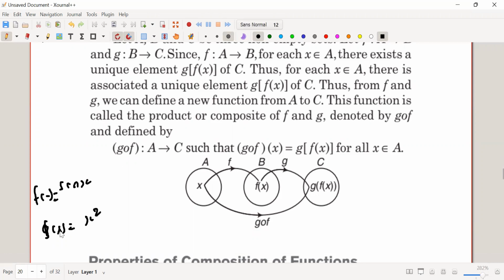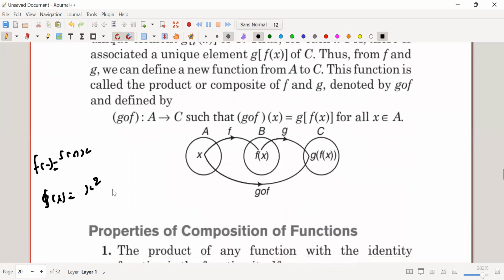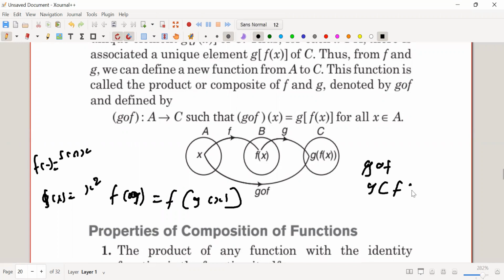Then what is f of g of x? What is g of f of x? So what would be the value of f of g for the given example?